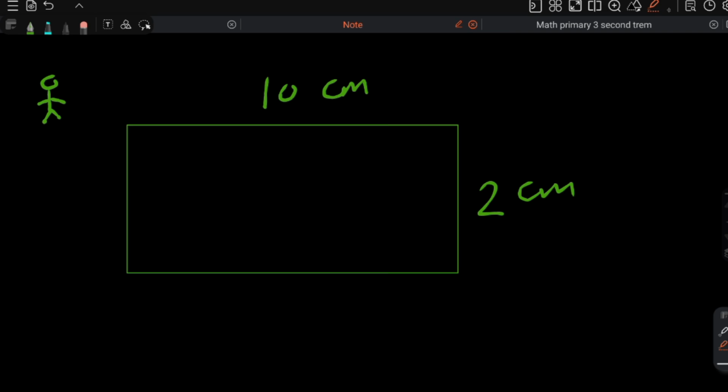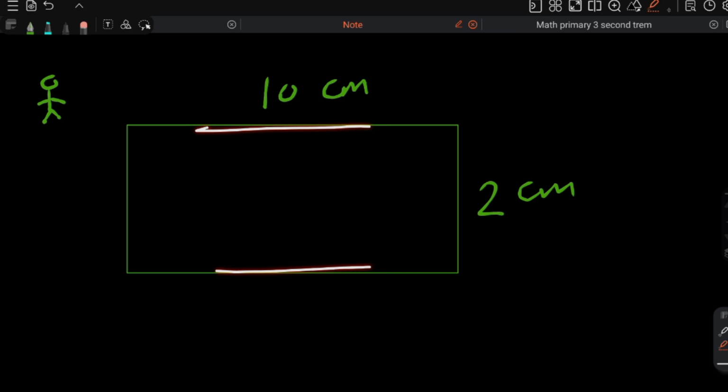Each two opposite sides are parallel, like they are facing each other. They never intersect, meaning they never make the letter X or meet at a certain point.